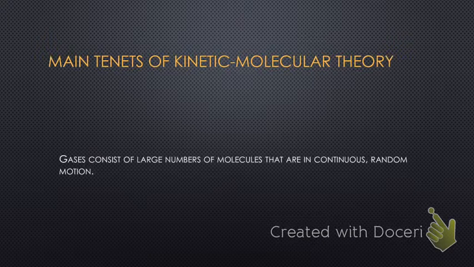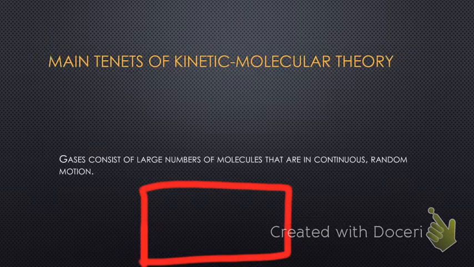One is, let's say we have this container full of gas particles, but the gas particles themselves are so tiny compared to the volume of the space in which they reside. Another assumption is that the particles are neither attracted nor repelled by each other, so they're just bouncing around randomly.